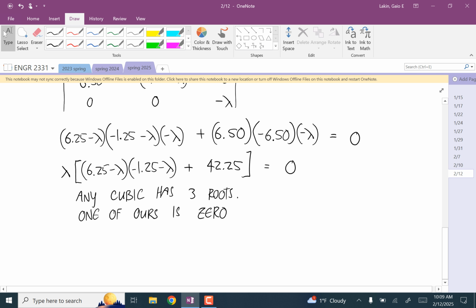And so the other two come from, I just have to FOIL this out. 6.25 times negative 1.25, so we have negative 7.81, minus 6.25 lambda plus 1.25 lambda plus lambda squared, plus 42.25 is equal to 0.